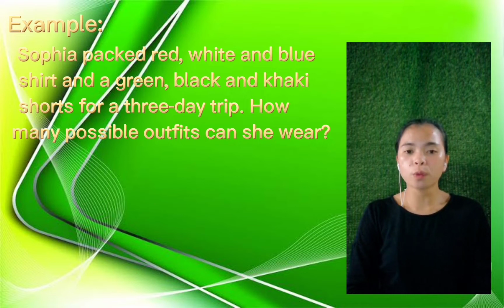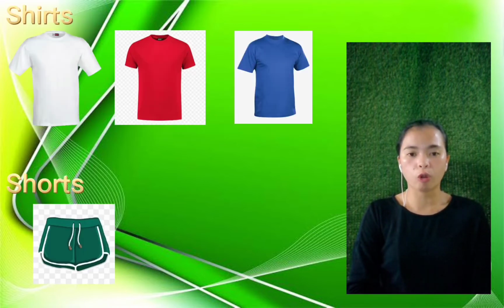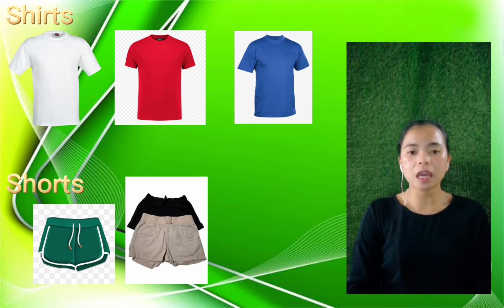Our example number 1 is: Sophia packed red, white, and blue shirts and green, black, and khaki shorts for a 3-day trip. How many possible outfits can she wear? We have here 6 colors. To find the possible outfits of Sophia, we're going to multiply.